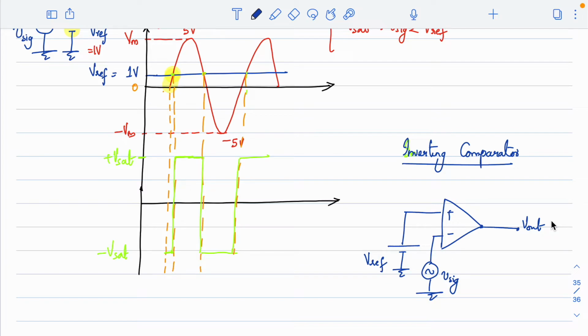Now, what will be the result of this? Here we have given the input voltage to the negative input terminal, so how will I write the output expression?